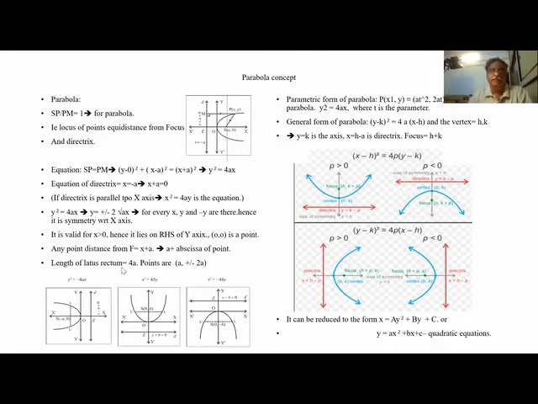What is the latus rectum? The latus rectum is this vertical line parallel to the directrix. So what are the points on it? This is a, and what is this y?